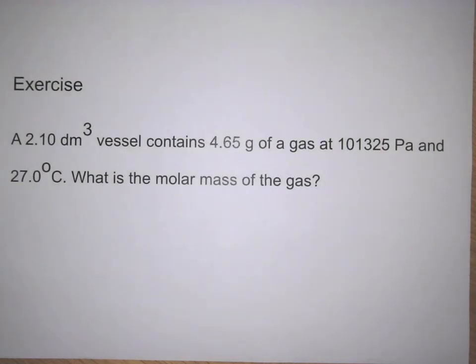Okay, we have a 2.1 liters vessel, and that contains 4.65 grams of a gas. And we know that the pressure is 101,325 Pascal, and that the temperature is 27 Celsius degrees. We now want to know the molar mass for the gas.